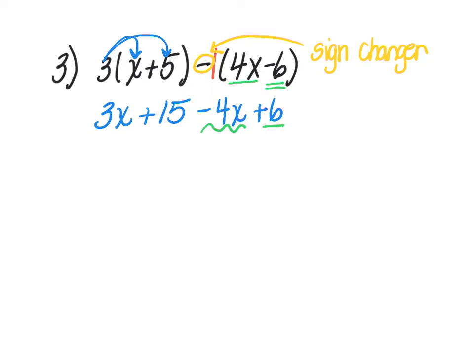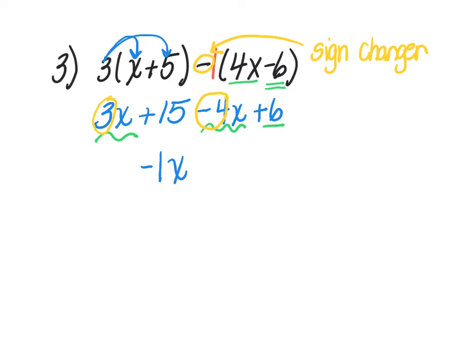Now that I've distributed and removed my parentheses, I can do a little bit more simplifying. I can clean this up by combining like terms. So notice that I have a 3x and a negative 4x. These are like terms, so I'm just going to combine the coefficients. The coefficients are the numbers that are in front of your variables. So I'm going to combine a negative 4 and a positive 3, which gives me a negative 1x.